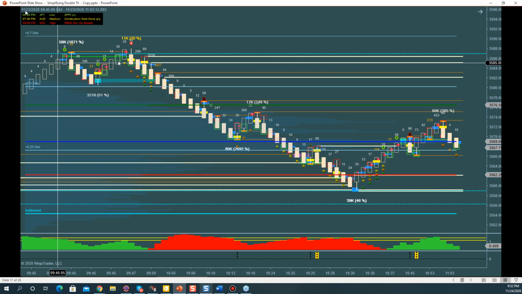Notice something. What do you see about this trend right here? Who can tell me? This push compared to this push. You saw where that trend lost half of its steam in that second push down, right?